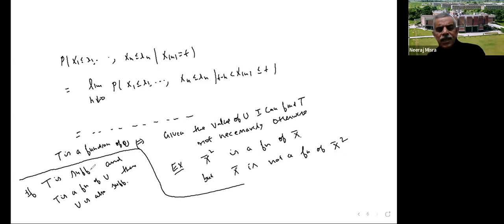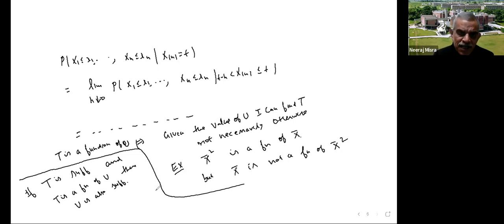T is sufficient means knowing the value of T is good enough. But T is a function of U, so if U is known, you know T, and knowing T is sufficient. So U would also be sufficient, not the other way.